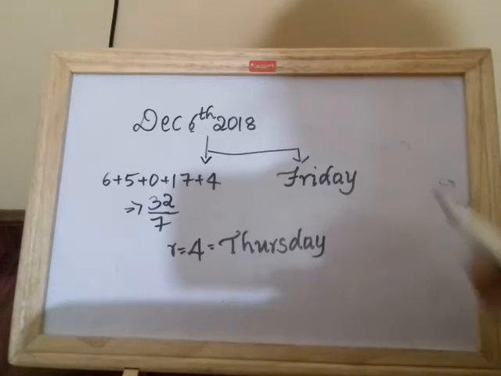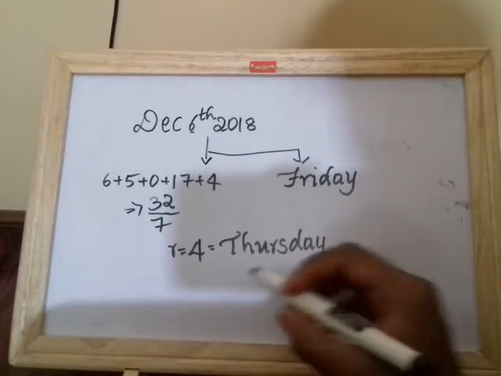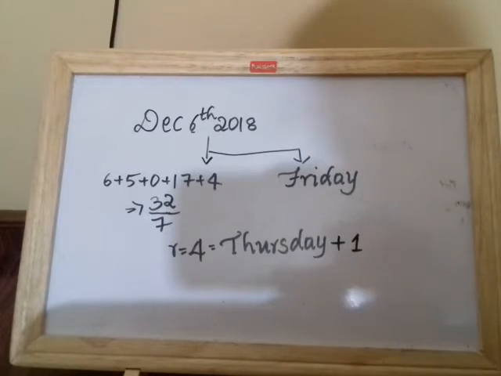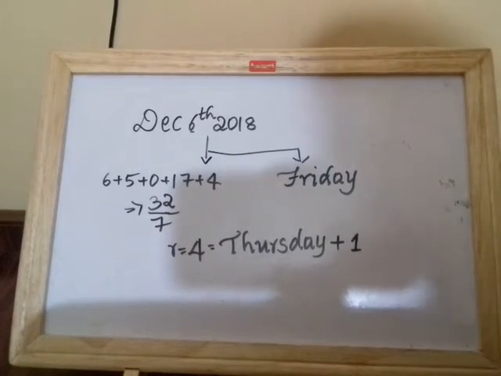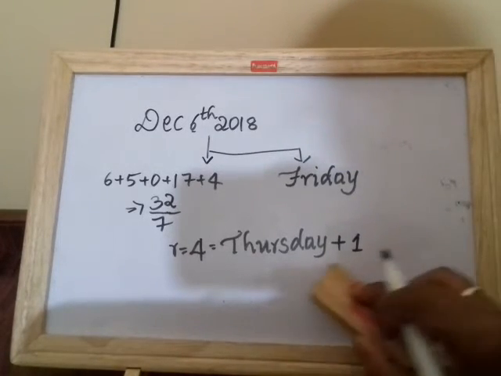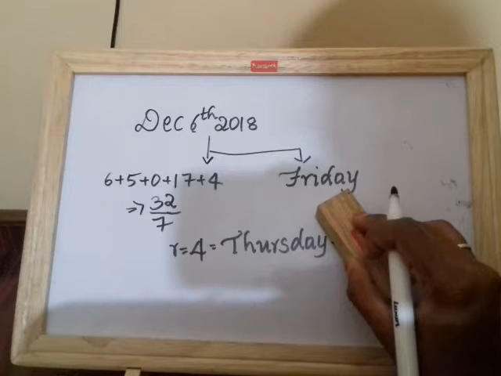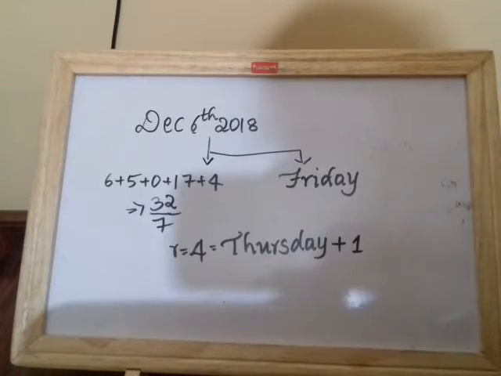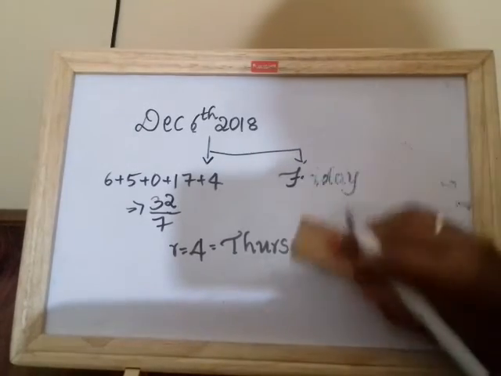But the given day is Friday, which means that Thursday plus 1 is Friday. Now, I think you have understood the logic. The wrong day is given and we are asked to find the respective wrong day for Jan 19, 1953.